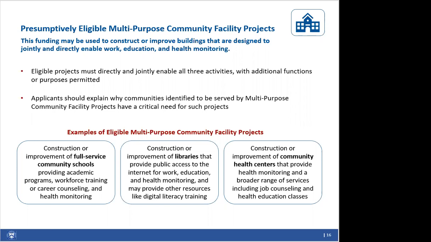A community health center that, in addition to providing traditional health monitoring, offers a broader range of services, including education and career opportunities, including job counseling and things like health education classes. Presumptively eligible multi-purpose community facility projects will also move through a simplified process so long as they meet this criteria.